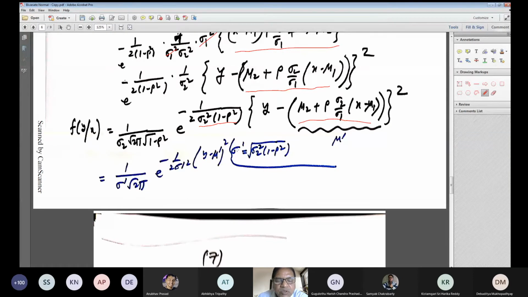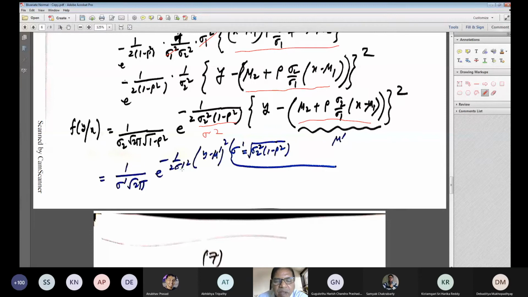So this quantity, sigma 2 under root 1 minus rho square, is sigma dash. So sigma dash root 2 pi is there, e to the power minus 1 by 2 sigma dash square, because this quantity we have assumed is sigma dash square.